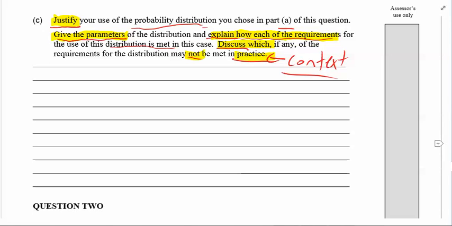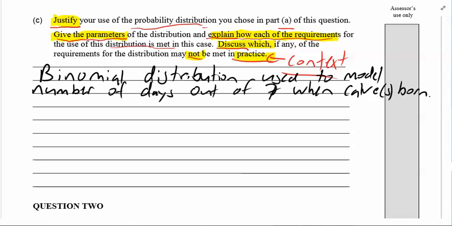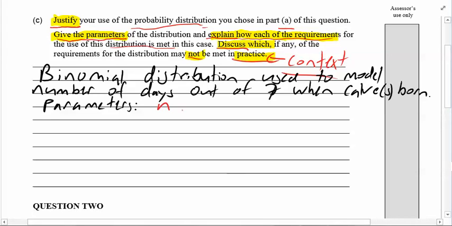So let's firstly give the parameters. The parameters for the binomial distribution used to model the number of days out of 7 when calves were born. Now you do need to memorize these, however, if you forget them, they're the things on your calculator that you type in along with the x value. So with the binomial, what are the two parameters? They are the number of trials and the probability of success in each individual trial.